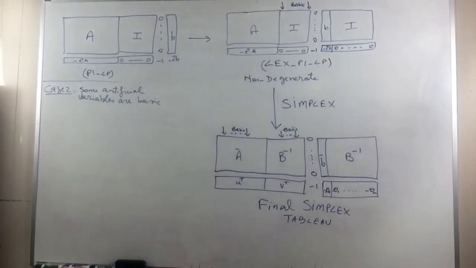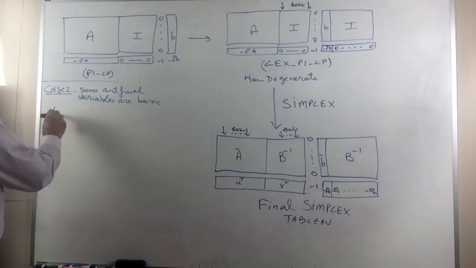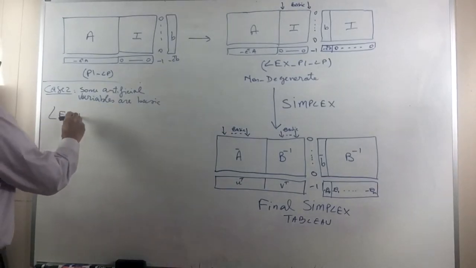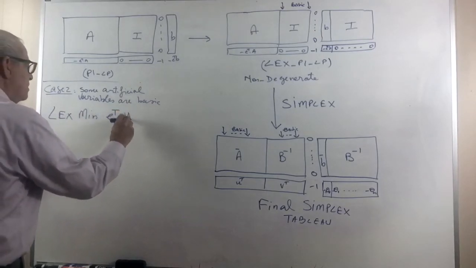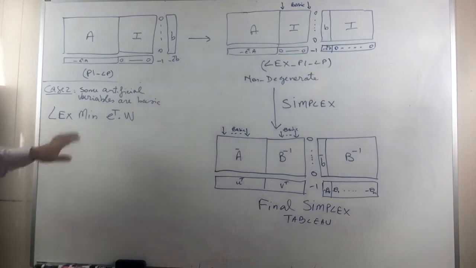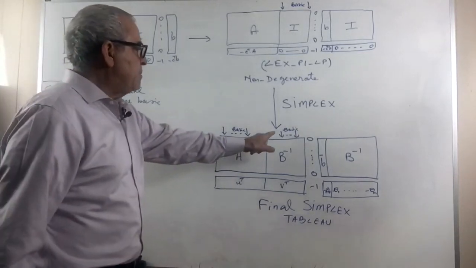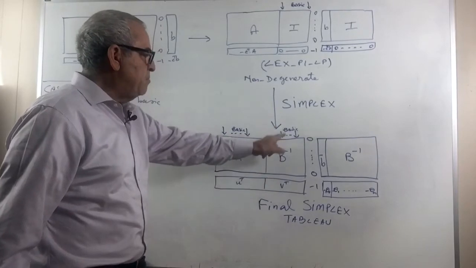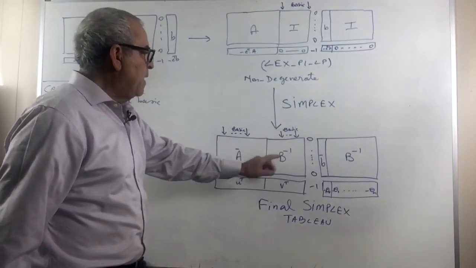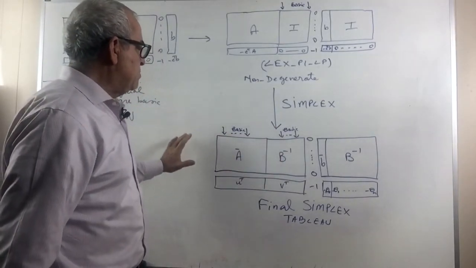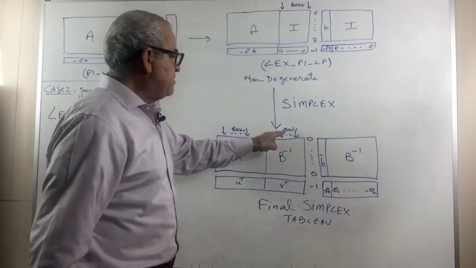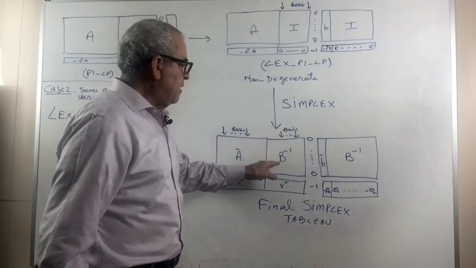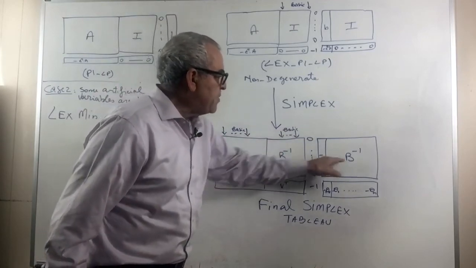So what can we say, first of all, about the lex min of E transpose W? Since I still have some basic artificial variable, when we set the non-basic variables to 0 and the basic variables equal to the right-hand side, some basic artificial variables are going to be equal to the right-hand side.